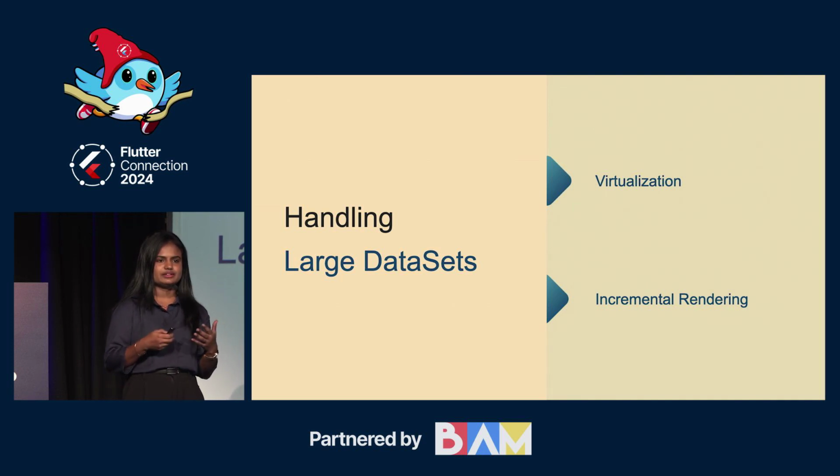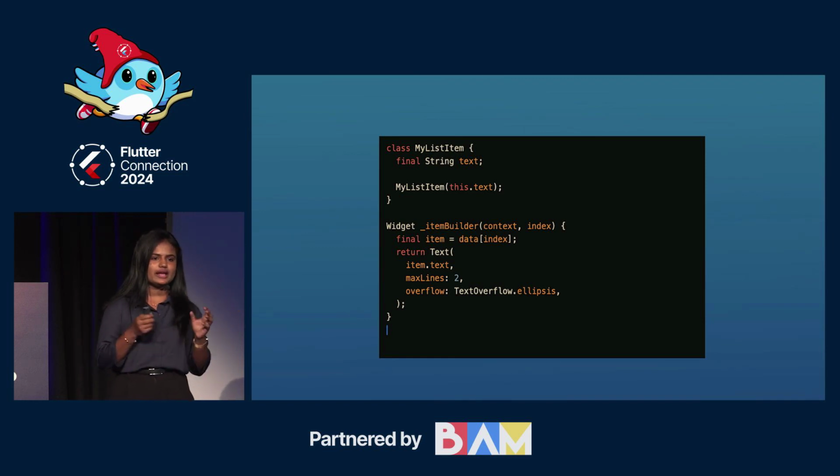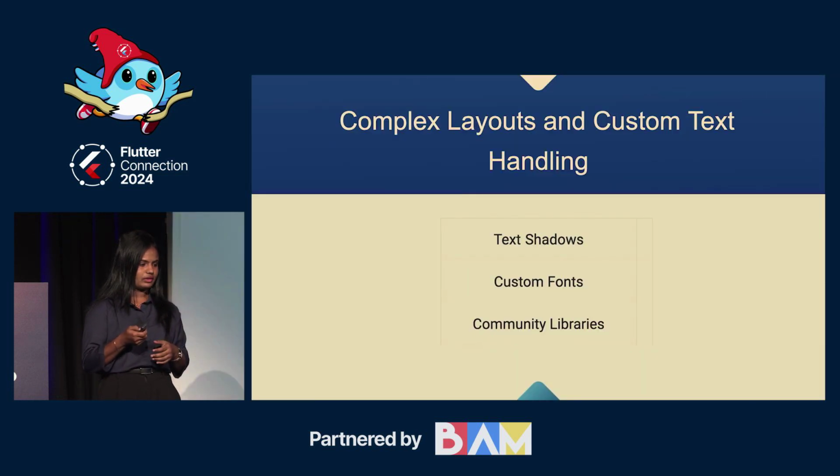Through these methods we can avoid flickering and text layout issues. This code snippet will give you a demo of how simply we can implement virtualization for a list of data sets which we want to use in our app.